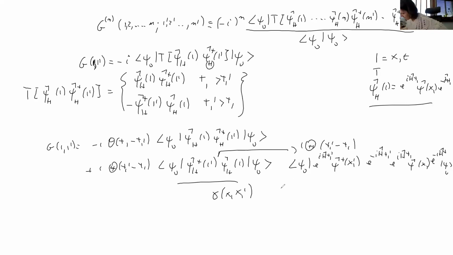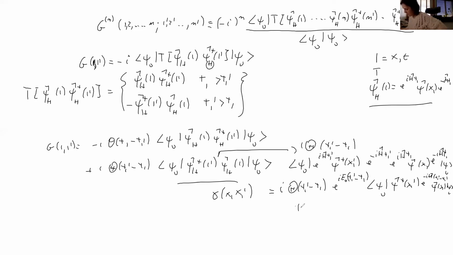So I get my E. Psi 0 is an eigenstate of H, so I have E0 T1 prime, and the same here, it acts with my T1, so I get minus iE0 T1. So I have just this, and then I'm left with psi 0, psi dagger x1 prime, I have something here in the middle, and then I have my x1 on psi 0.